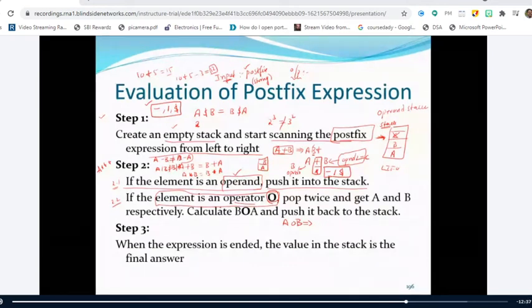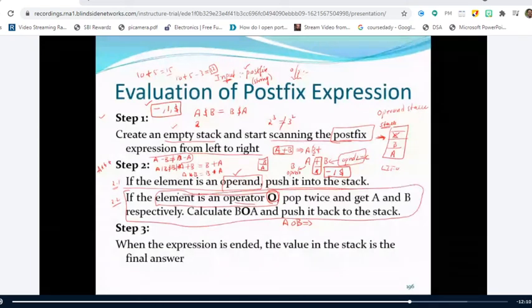So if you come across an operator, the sequence of steps is: pop the stack twice, place the first popped element in operand 2 and the second popped element in operand 1, perform the operation, and push the result onto the stack. Therefore, step 2.2 is very important.